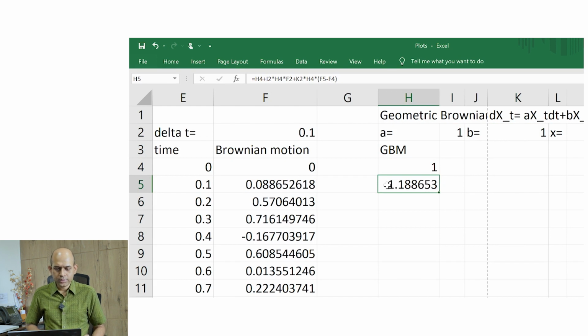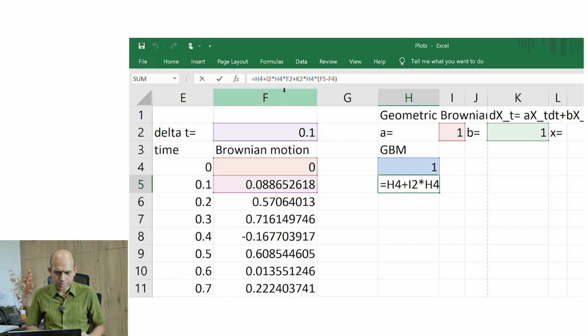Now we need to do it for all of the times, so for that we are going to replicate this formula in other cells. Before that, we fix these parameter references so that they do not change position. So we put this dollar sign here, this is for dt, and this is for b, and here this is all fine.